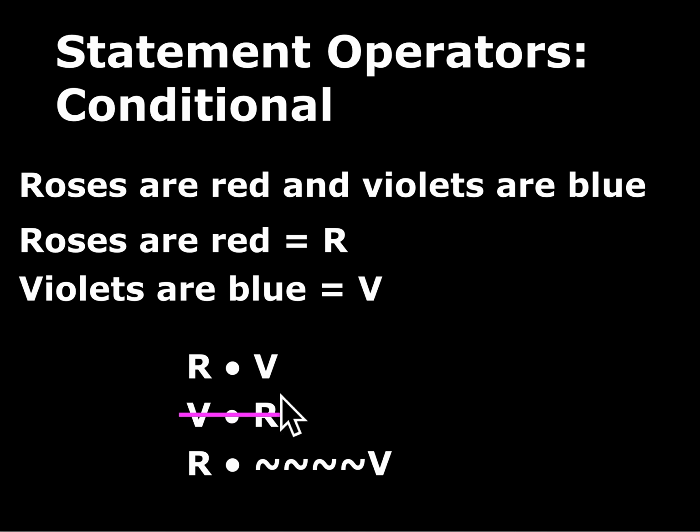So if we're going to translate it, don't do this either. But the meaning is the same. This and this and this do mean the same thing logically, but still translate them in the correct way.